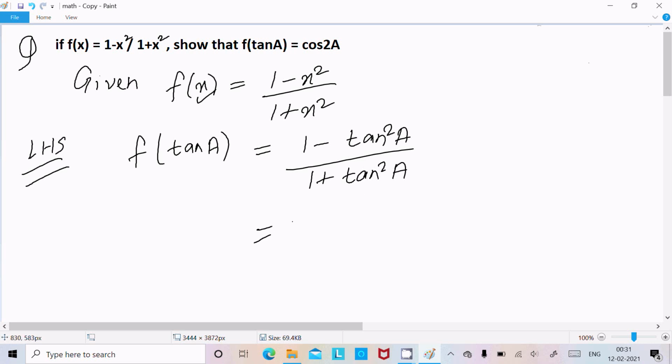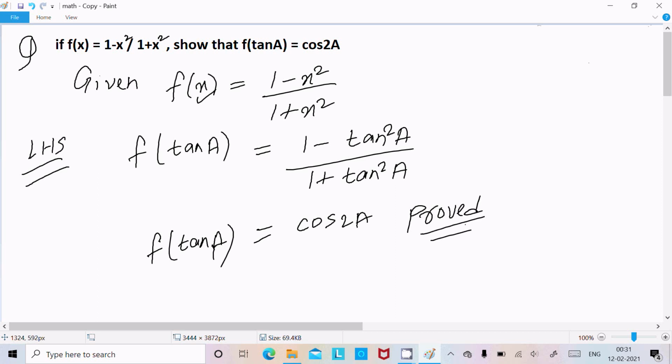And there is one formula, cos 2A = (1 - tan²A)/(1 + tan²A). So we can write cos 2A. So here f(tan A) = cos 2A. Okay, it's proved.